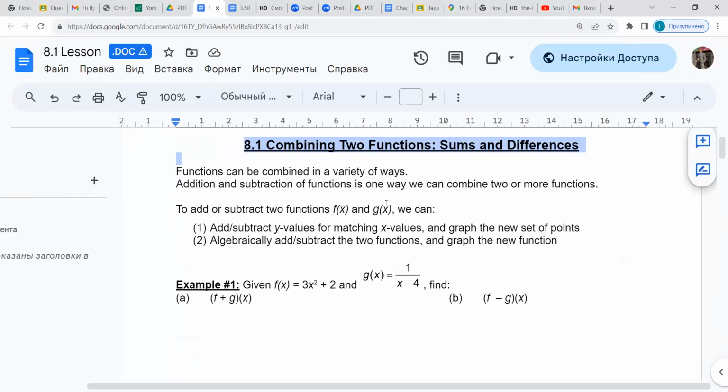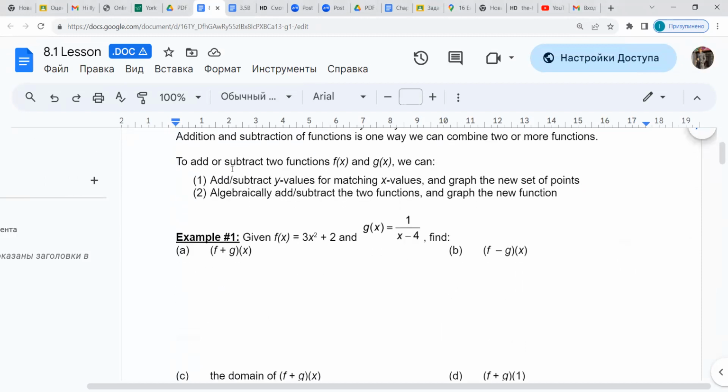Addition and subtraction of functions is one way we can combine two or more functions. To add or subtract two functions, f of x and g of x, we can do the following. First, add or subtract y values for matching x values, and graph the new set of points. Secondly, algebraically add or subtract the two functions and graph the new function.